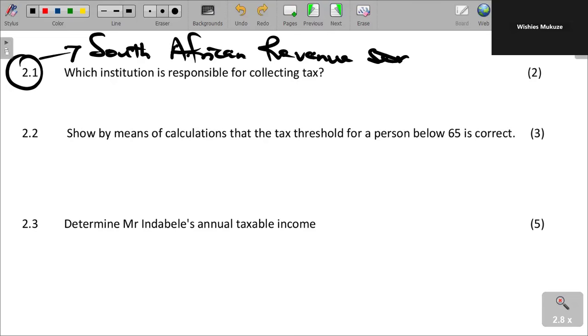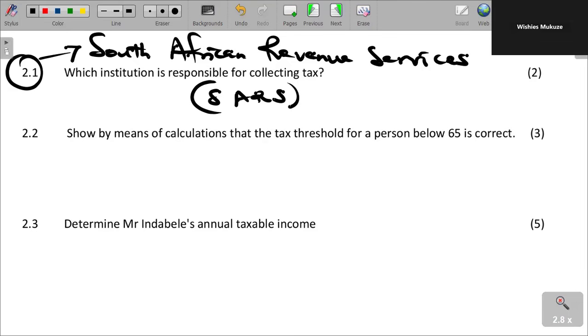The South African Revenue Service is the one that sees to it that taxes are paid, which is sometimes written as SARS. That is how it is abbreviated.